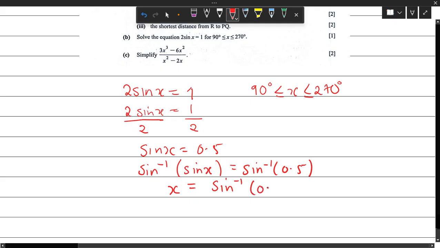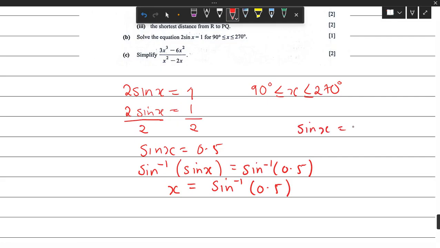So when you have sine x equals to maybe 2 and you want to find x, you directly write x equals to sine inverse of 2. If it's cos x equals to 10, you just say x equals to cos inverse 10.